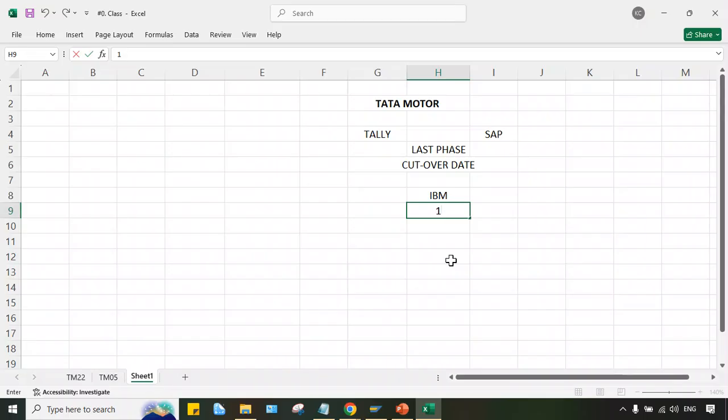After that, they will say that if you want further support from our side, you have to pay this much amount. And Tata Motors management felt that the amount demanded by IBM is a bit more compared to the market standard.